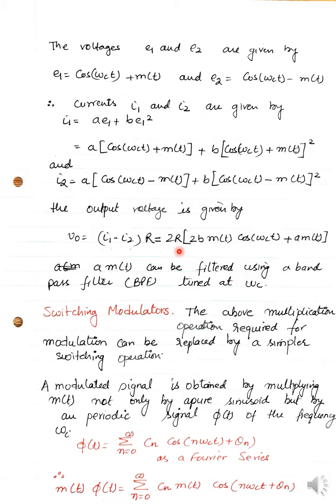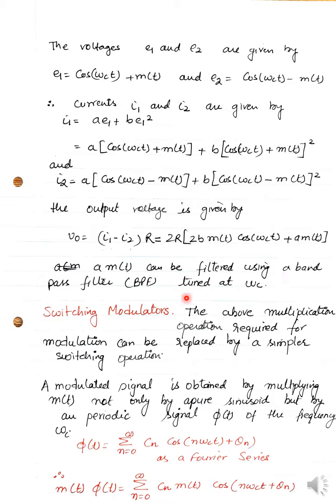You have to again apply KVL in the outer loop, and I hope you know how to apply KVL. Then it will be 2R. Why 2R? Because one of the components will cancel out, and the remaining will be twice.